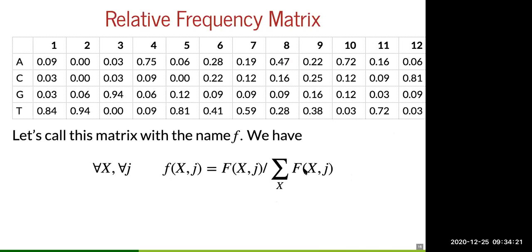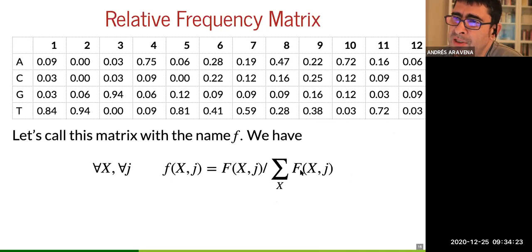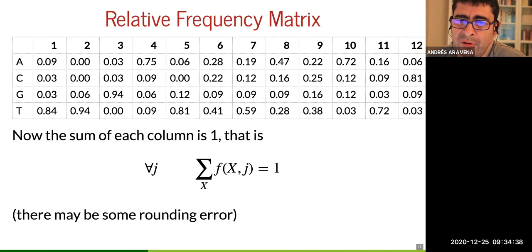In this case, the totals are all the same. But in general, you can think that the columns may have different totals. And obviously, in the relative matrix, the sum of every column is 1.